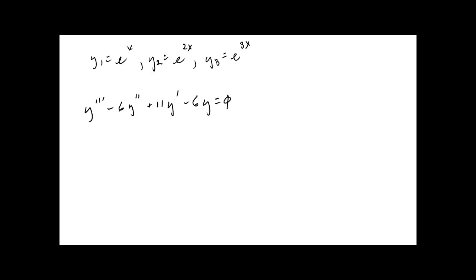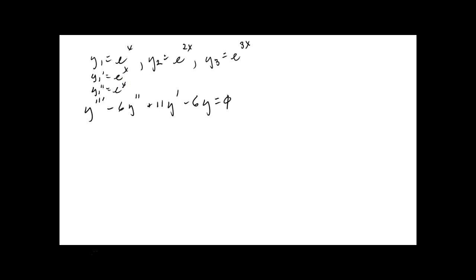Took a while. Now, those satisfy the equation. We've just shown that. Well, I said they're linearly independent. We need to do the Wronskian to make sure of that. Now, what I already have done here, remember we said y1 prime was e to the x, and y1 double prime is e to the x. That's all we need for the Wronskian.